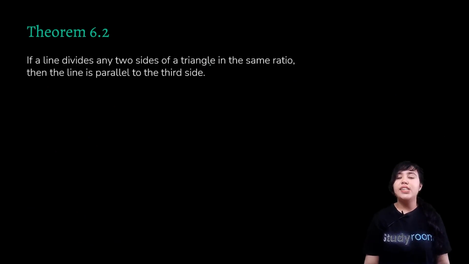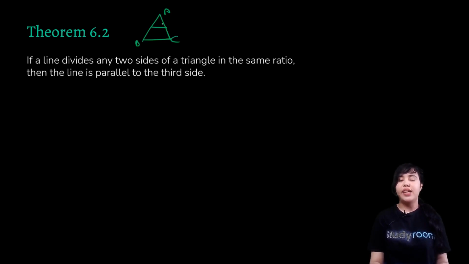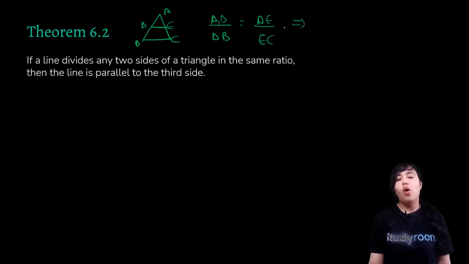So if a line divides any 2 sides of a triangle in the same ratio, so if I give you a triangle ABC and there is a line which divides this triangle, let's say at points D and E, and if I give you that AD upon DB is equal to AE upon EC, then it automatically means that DE is parallel to BC.